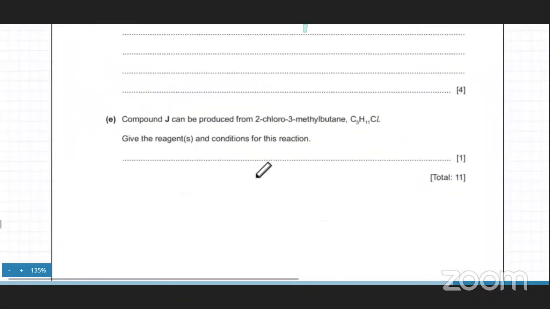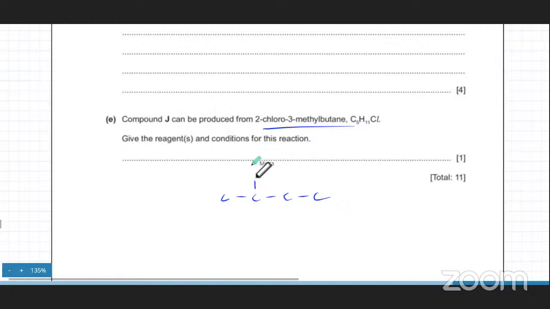So then you have compound J can be produced from 2-chloro-2-methyl butane. Give the reagents and conditions. So they ask you for J. J has an OH. First thing is we need to figure out what this molecule is. 2-chloro-2-methyl butane. So it's butane, that's 1, 2, 3, 4 carbon atoms, and it's 2-chloro-2-methyl.